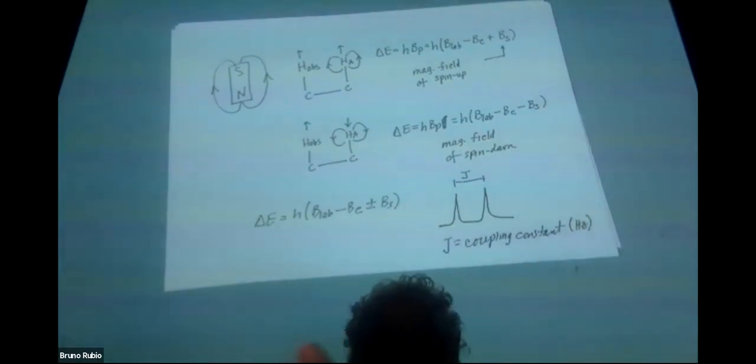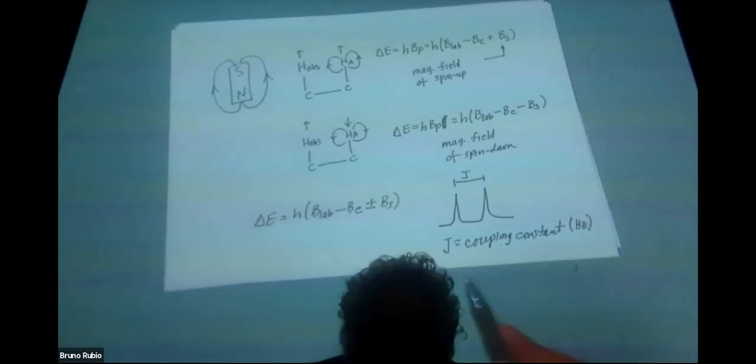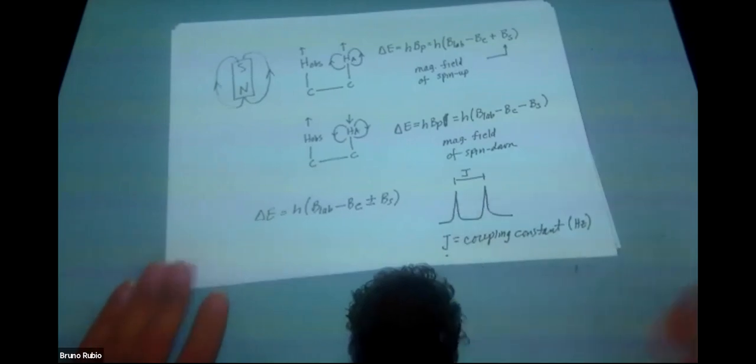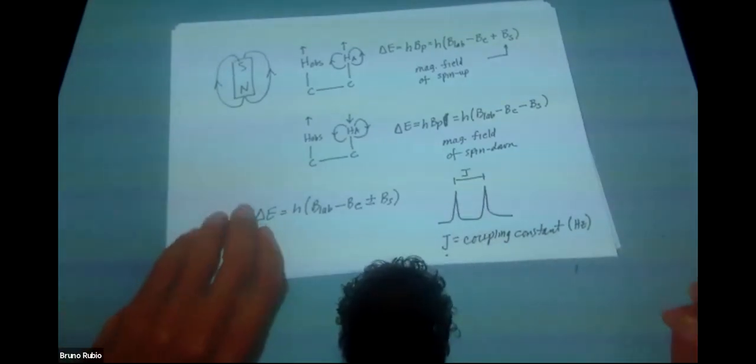Okay, so this is the physical basis of splitting, that the peak of the observed proton is split into a bunch of components because of the magnetic field of the neighboring proton. Yeah, and the distance between these two peaks is J. Okay.